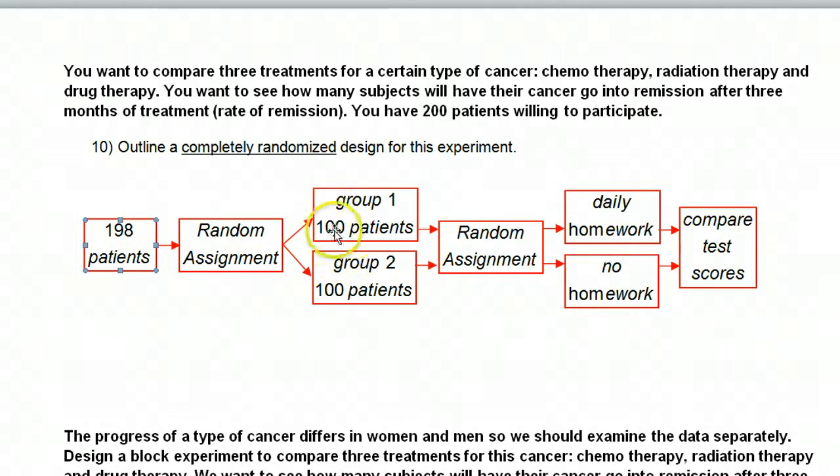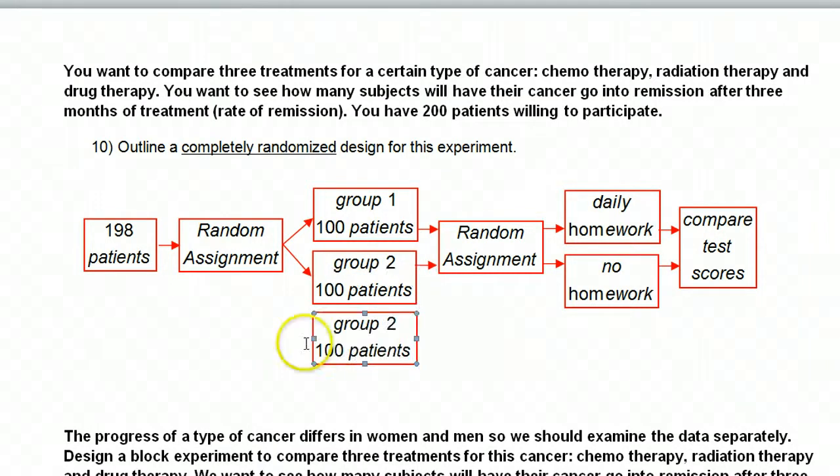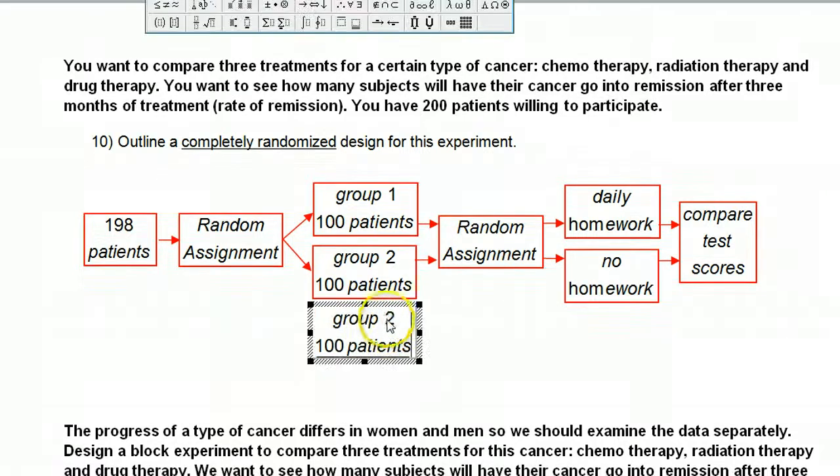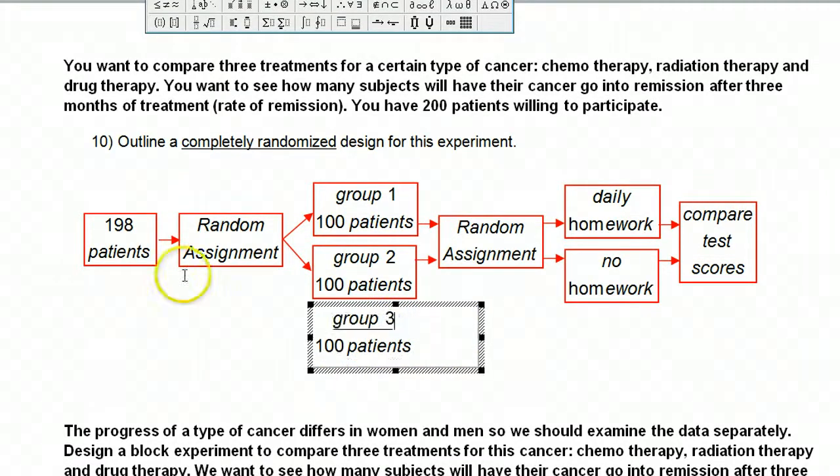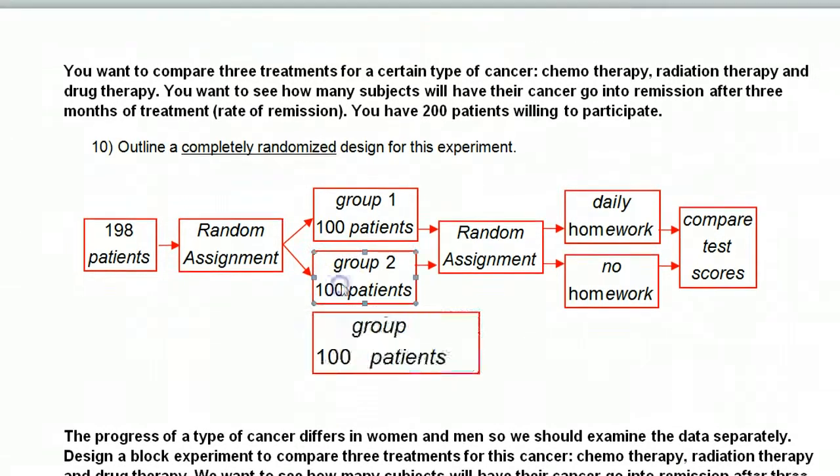So there will be 66 patients in each group, but I'm going to need a 3rd group. You're going to have the same number of groups as you have treatments. So group 3, like I said, this will be 66 patients.